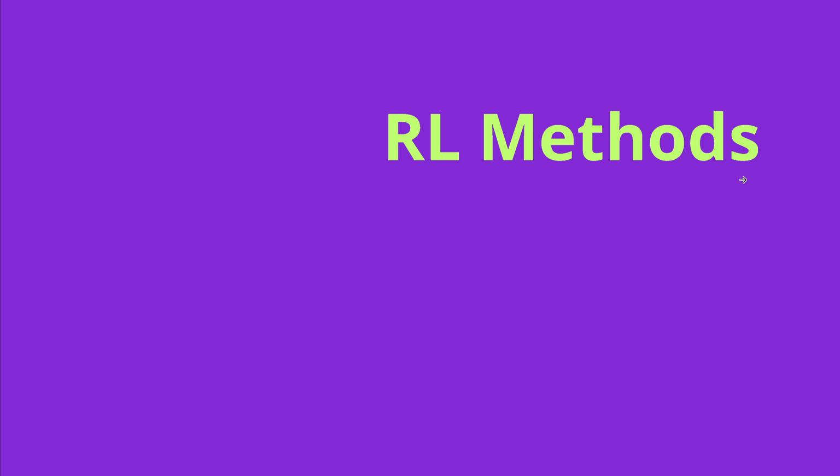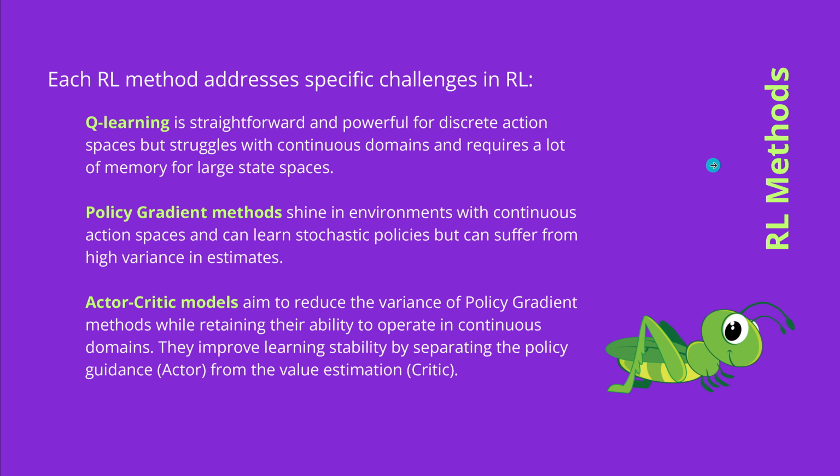Now, the complexity of our methods in reinforcement learning, and maybe for my little grasshoppers, a very short introduction: we have more or less three categories. You have Q learning, straightforward, powerful, for discrete action spaces, but it struggles, of course, on continuous domains. Or we have the policy gradient methods that shine in environments with continuous action spaces and can learn stochastic policies, but suffer from high variance in our estimates.